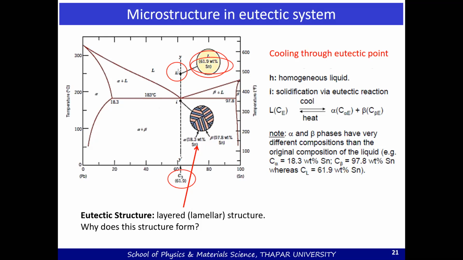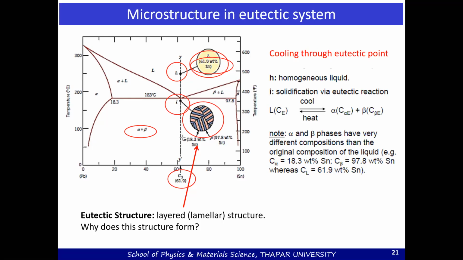So what happens at point I? At point I, your entire liquid turns into two solids, which are namely alpha plus beta. And how do the alpha plus beta arrange themselves in the solid? So your structure is something like this, where you have alternate arrangement of alpha and beta.